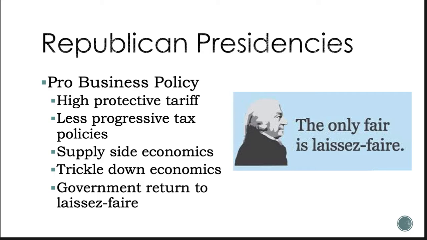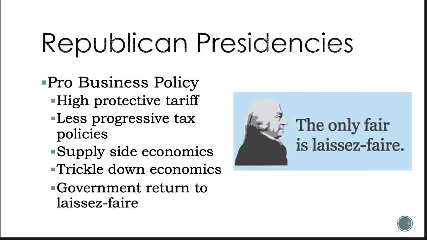But what all of these pieces of the Republican presidencies add up to is the government is returning to laissez faire. The government is returning to hands off. They are ending the trust busting era that had started during the progressive era, and they are going back to the policies of let business be business.